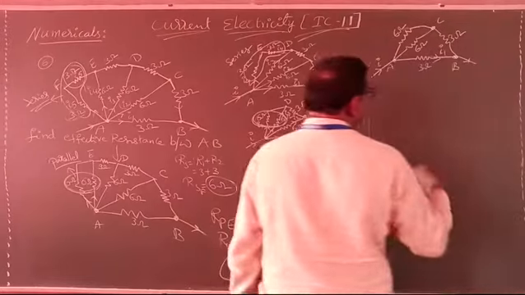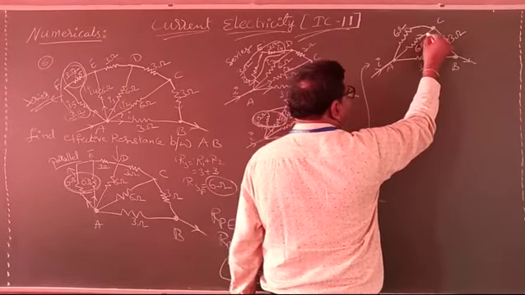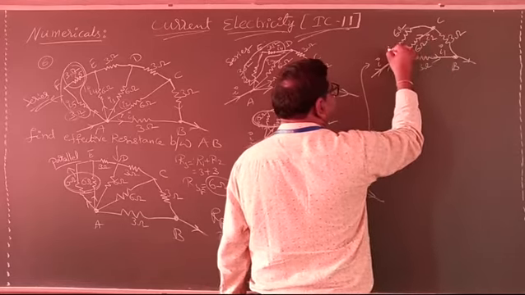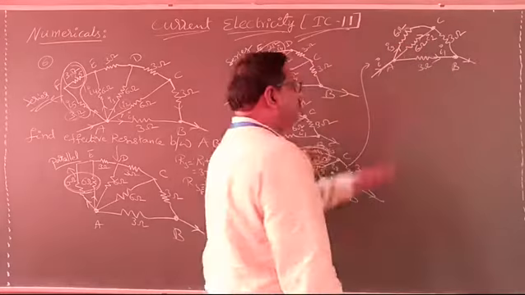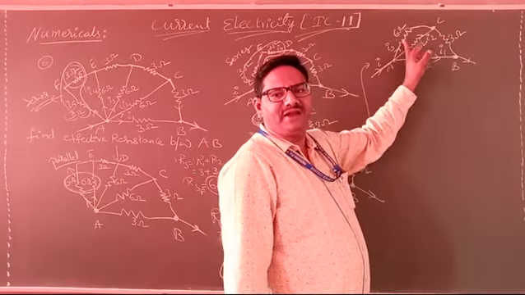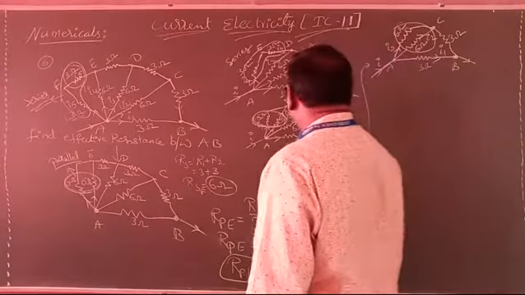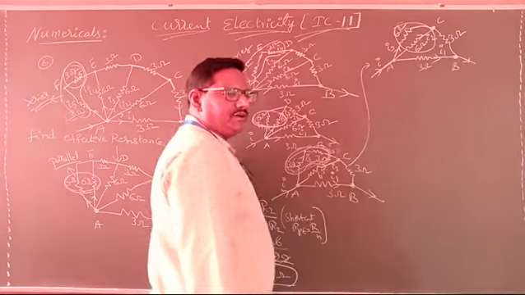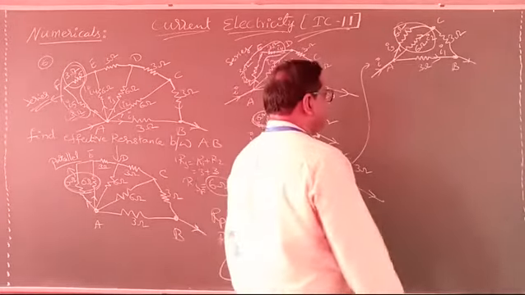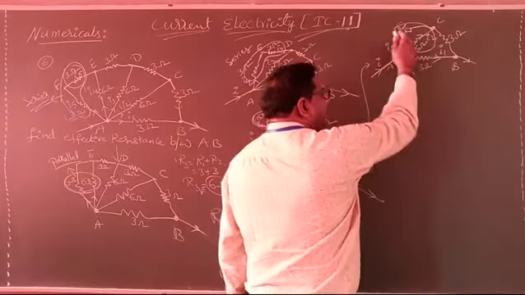Now see the current from this point, it will split as I1, here as I2 and in this one I3. So at A point between A and C, the current will split, then these two are treated as a parallel combination. Identical.